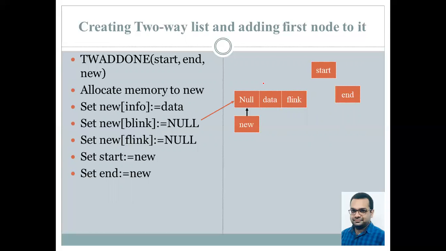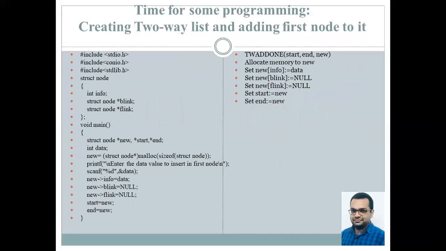We set the backward link of new as null and the forward link as null, because it is the first node as well as the last node in the list. As we have just seen, in a two-way linked list the backward link of the first node is null as well as the forward link of the last node. Now we assign start the address of the node pointed to by new, and we also assign end the address of the node pointed to by new.